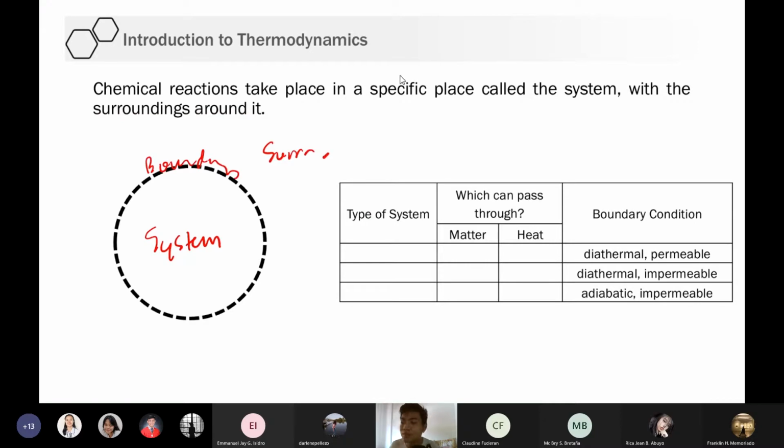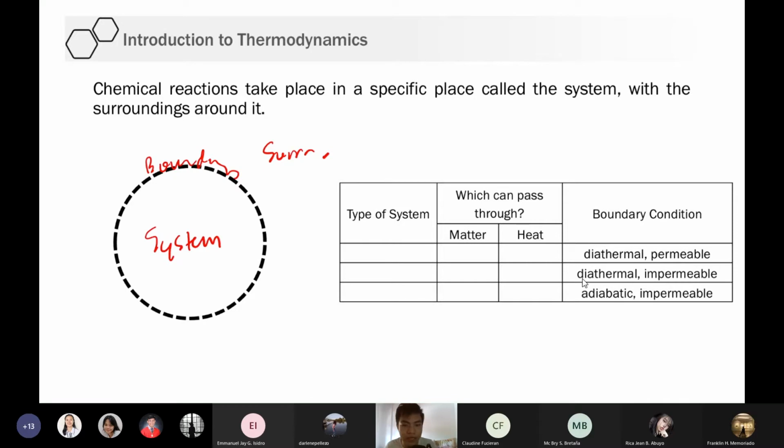Okay? So, depending on the boundary conditions, we can have different types of system. Okay? So, ang boundary kasi natin, either it could be diathermal and permeable. Pwede rin naman siyang impermeable and adiabatic. Okay? Or mixture of the two, okay?